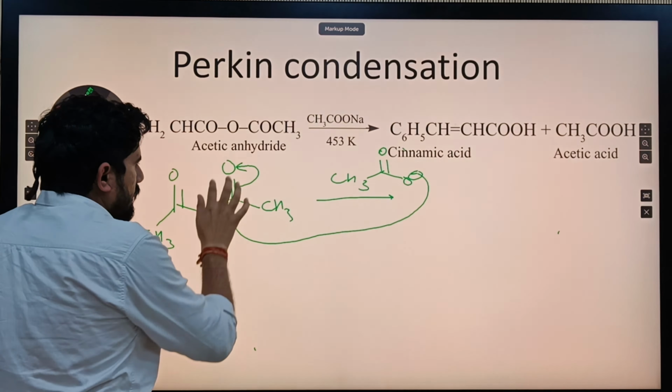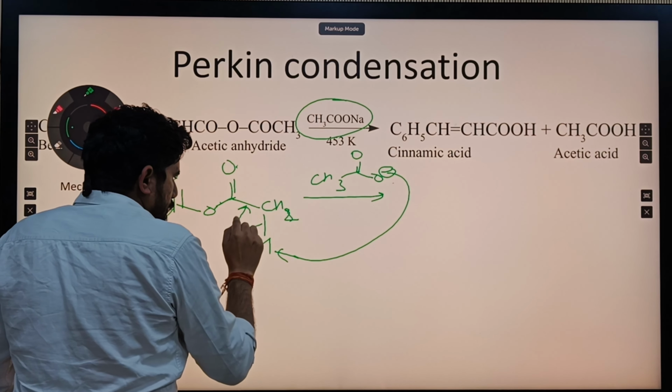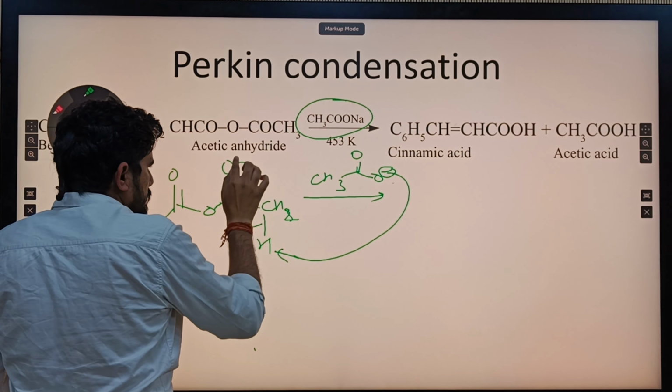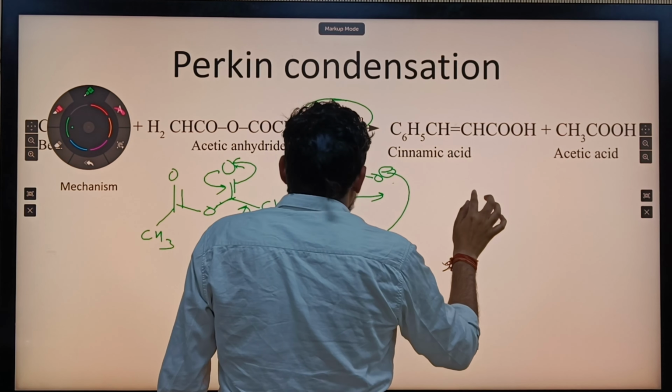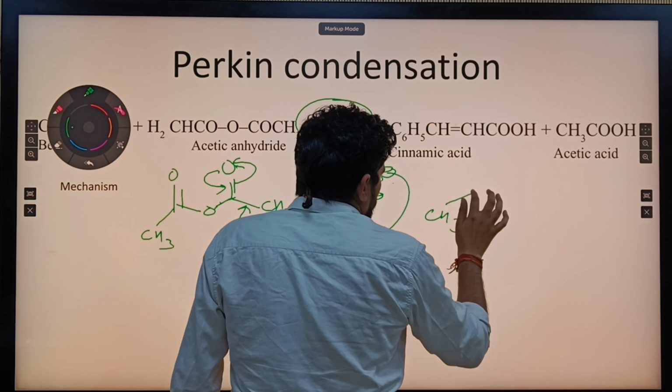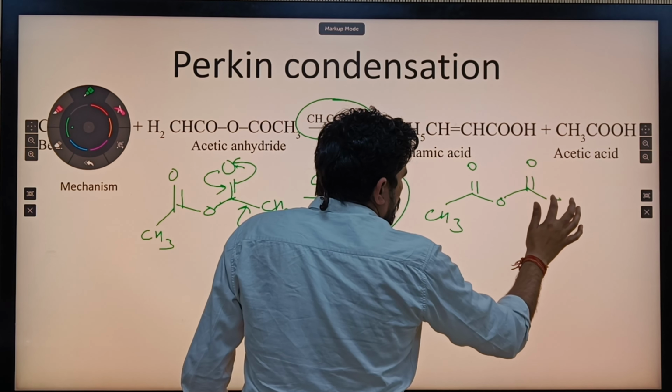I'm going to draw it like this. This is 2 and this is hydrogen. It abstracts the proton here, and the carbon hydrogen bond is introduced in this bond, and this goes like this and this goes like this. So this is another type of enolate, oxygen negative.